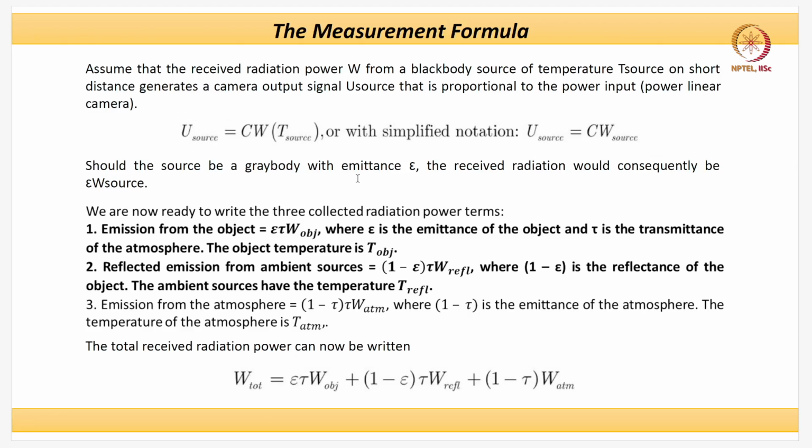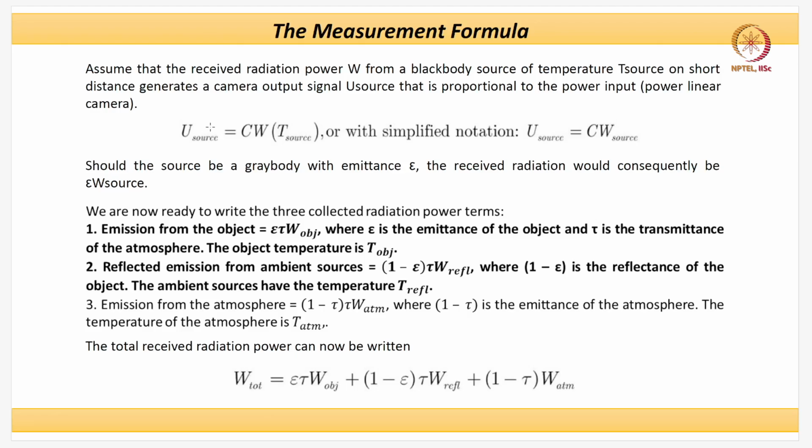Now, when this W source becomes a gray body with emittance epsilon, the received radiation would consequently be epsilon times W source. So this is an important argument, that this is a power linear kind of camera. The more the source, the more the signal that is generated in the camera.